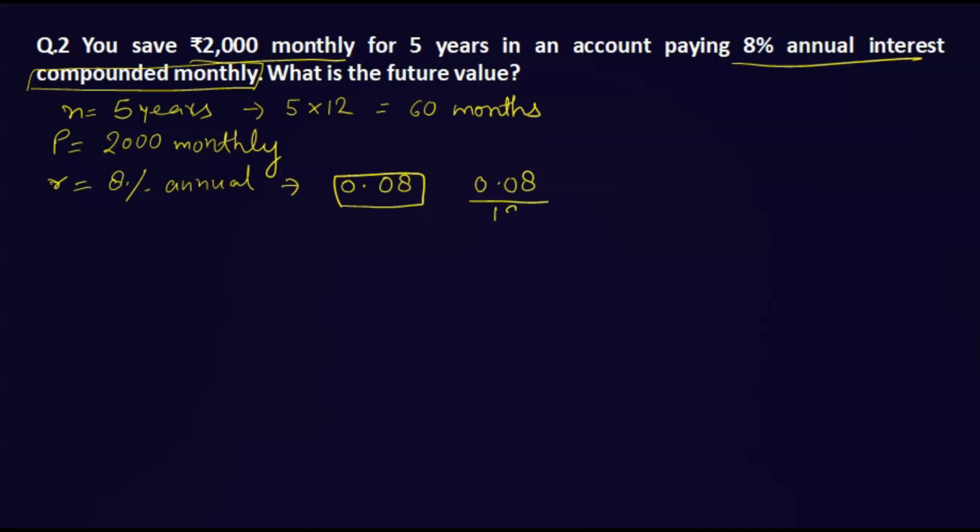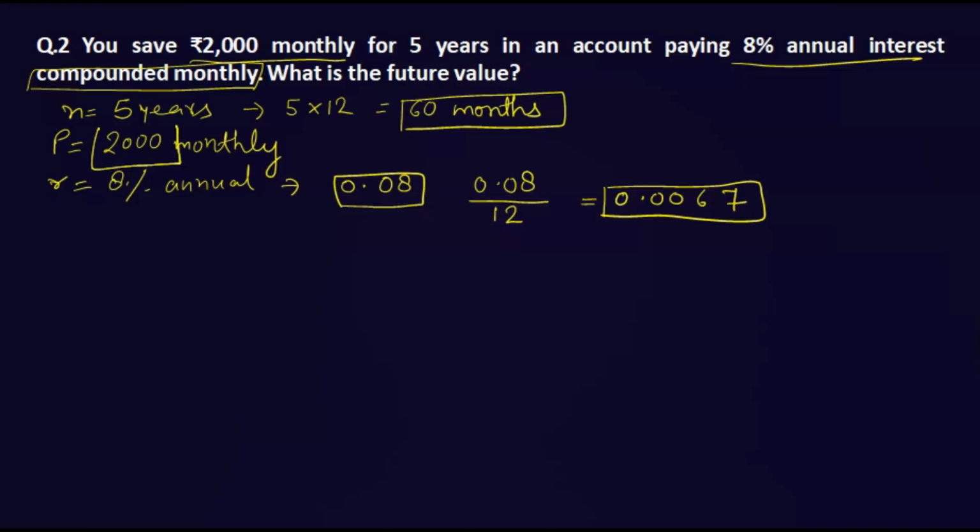In a year there are 12 months, so we divide by 12 and get 0.0067. This is R. So now we have N as 60 months, P as 2,000 and R as 0.0067.